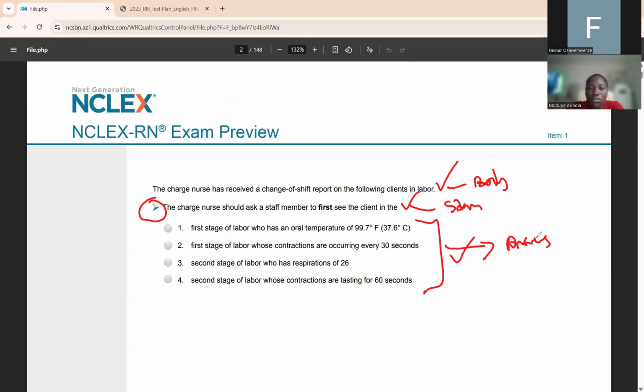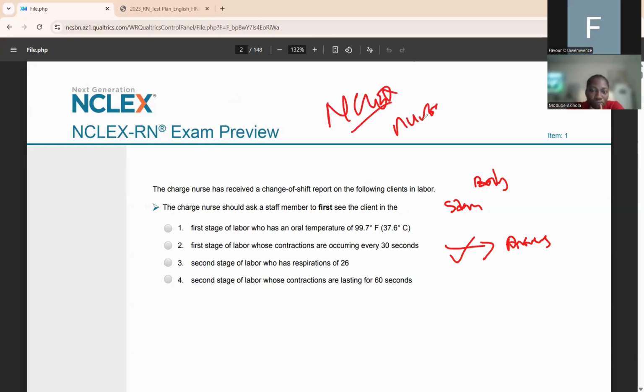Right here in this question, it is saying that we have the charge nurse. Now, let me give you something so that you can understand. You are not the charge nurse. On the NCLEX exam, you are going to be the nurse.